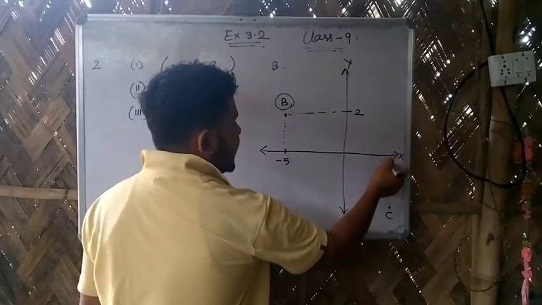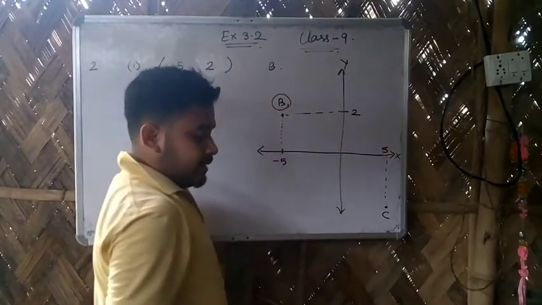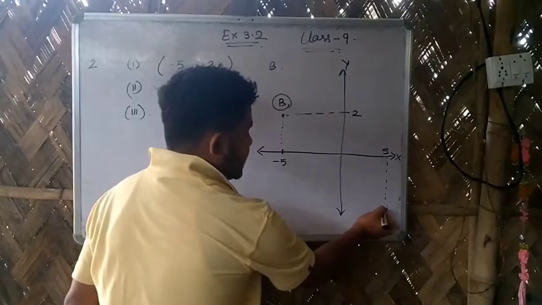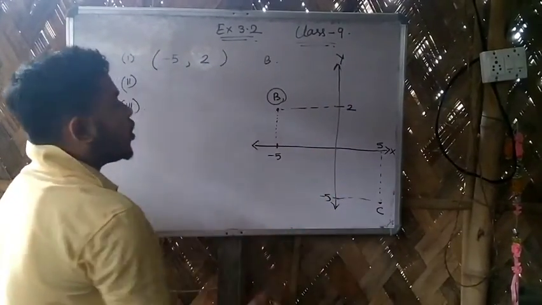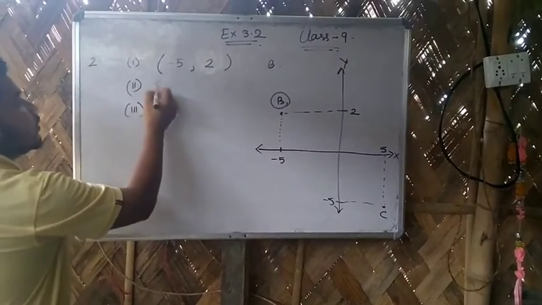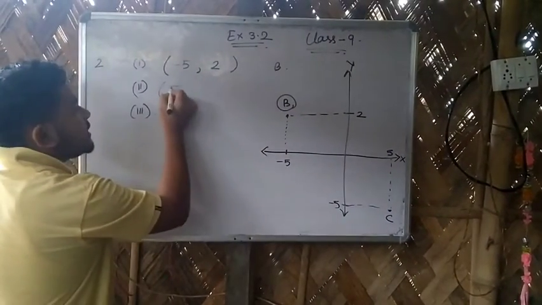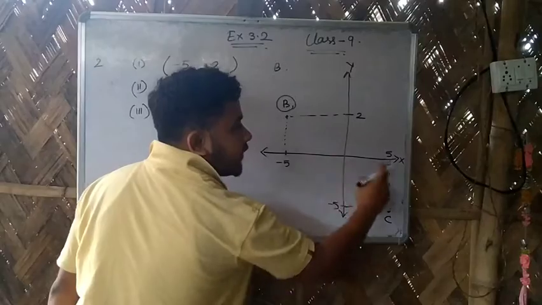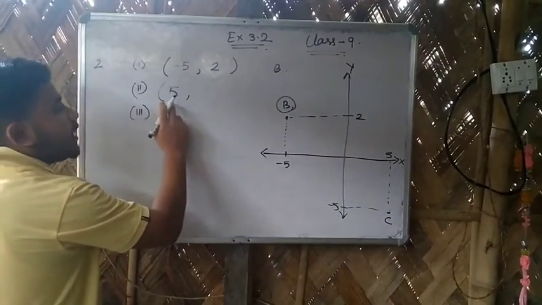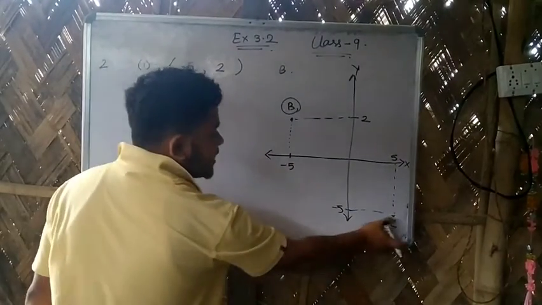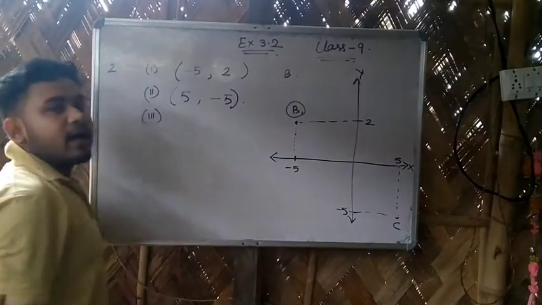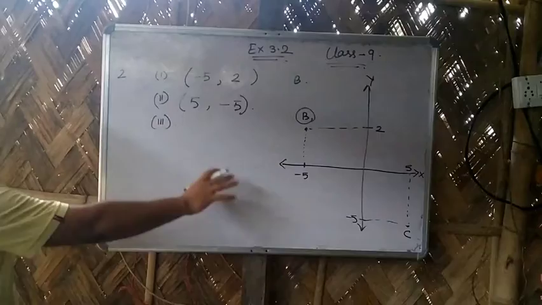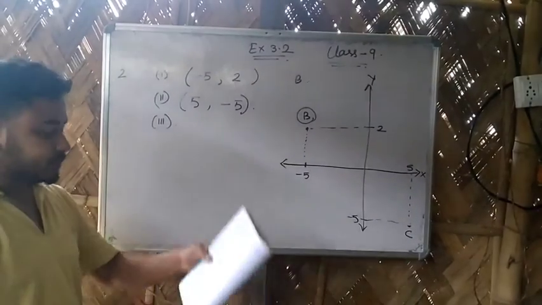It is present at number 5 in the x-axis and at number -5 in the y-axis. So the coordinates of point C will be 5, which is +5, the coordinate of x. Always remember, first you write the value of x. Second, it is at -5 in the y-axis. So (5, -5) are the coordinates of point C.